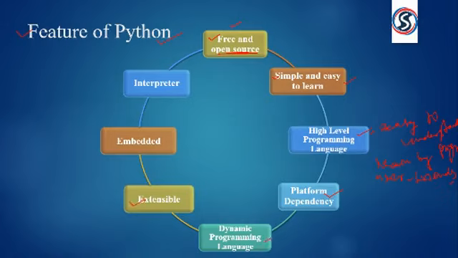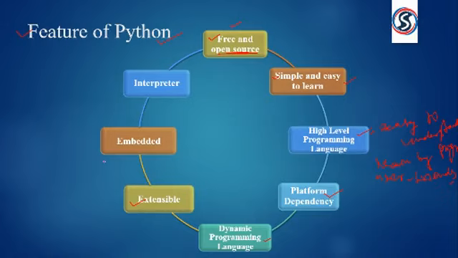After that, extensible. Python is an extensible language, and we can write code in other programming languages like C and C++. This means you can write code in the other language in your Python source code.